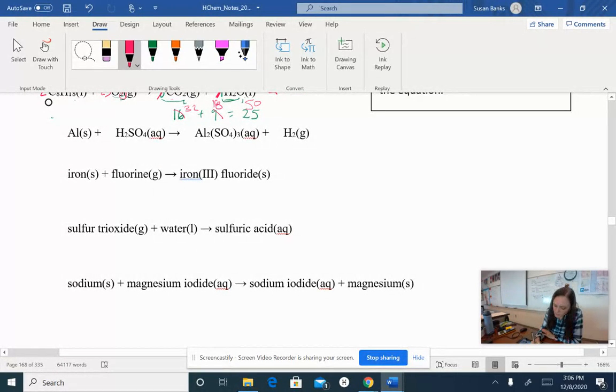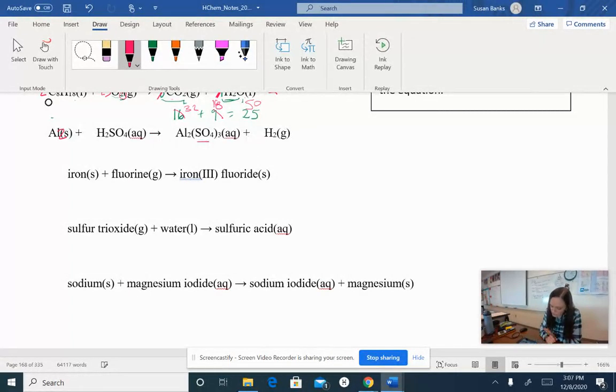Aluminum. We know what aluminum is. It's Al. Oh, actually, we don't have to write it. We've got 1 aluminum. We're okay here. We've got 2, so let's multiply that by 2. Okay, I've got 2 hydrogens, and I've got 2 hydrogens.